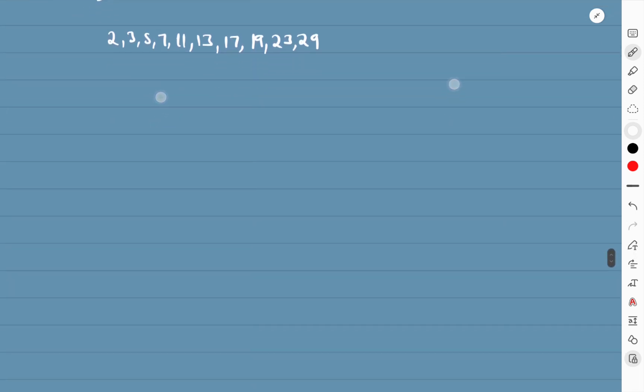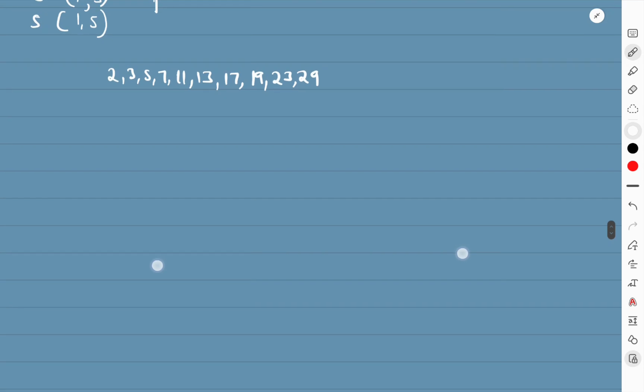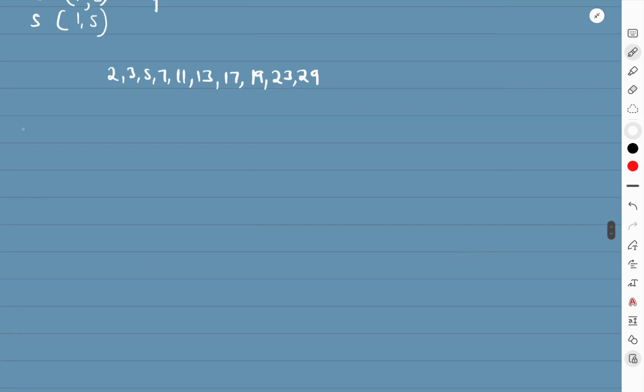So we have what is called decomposing a number, right? For example, if it says decompose a number into its prime factors, right? So if for example, let us decompose 20.